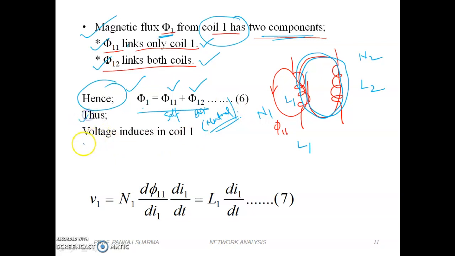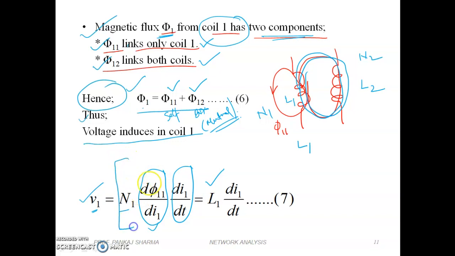Thus, voltage induced in coil 1 is because of the self inductance, that is V1 is equal to N1 into d phi 11 by di1 into di1 by dt. So this whole term N1 into d phi 11 upon di1 is your L1.